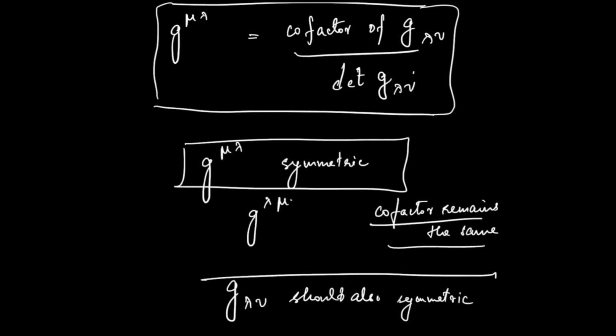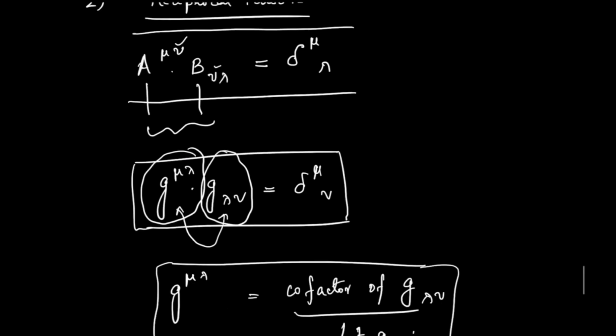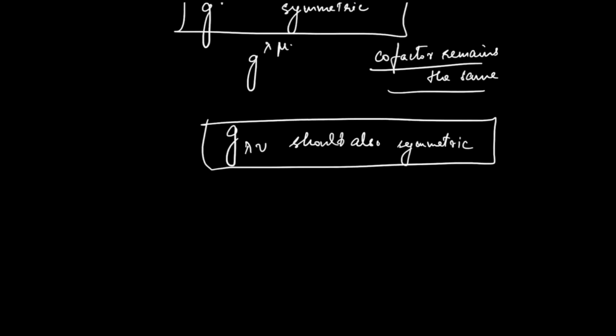So here we can see that if you multiply G mu lambda and G lambda nu, you will get unity. And also these two are symmetric to each other. So such tensors which are symmetric as well as reciprocal to each other are called conjugate tensors.